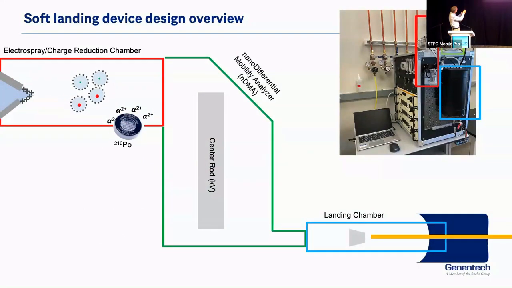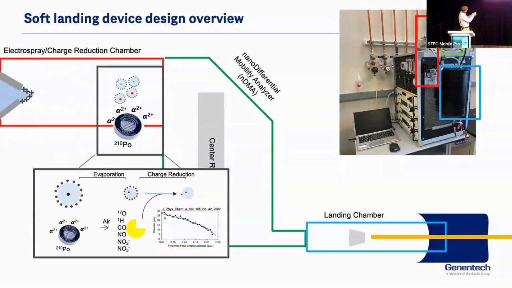And so we have a trick where we use an alpha particle emitter that ionizes the air, and all these charges in the air sort of neutralize the charges on the droplets, which slows down this process. And we hope that that helps keep the proteins more hydrated. So by the end of this, we have a set of droplets where we've either neutralized them or left only one charge. It's like a Poisson distribution of the number of charges. And later, we want to select only the +1 nanodroplets that contain exactly one protein.